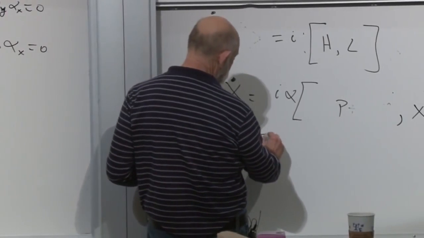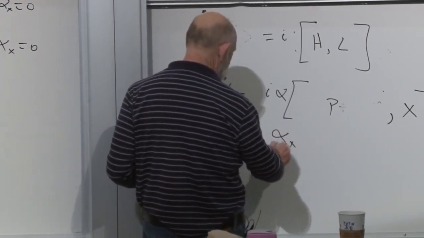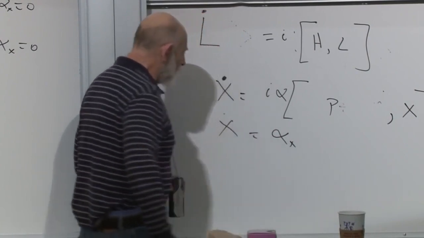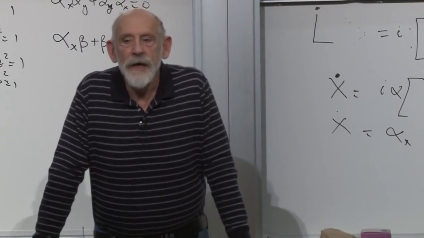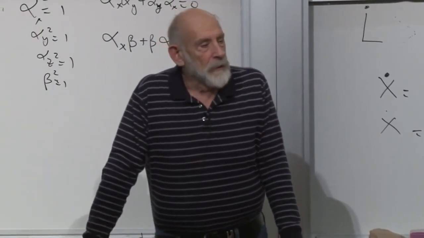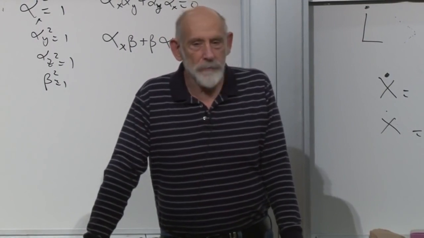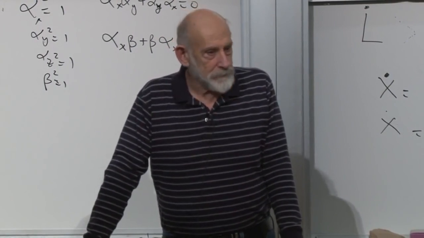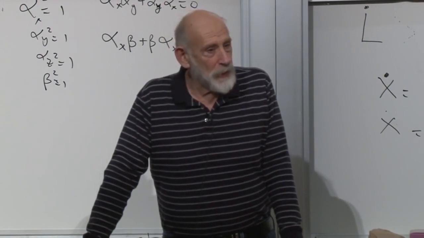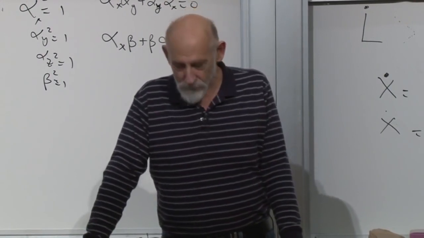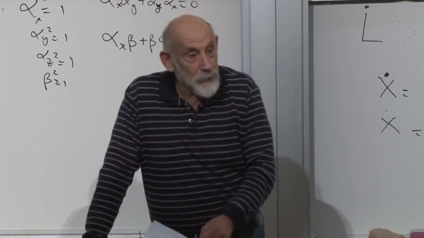Okay, so this is equal to minus I times I is plus 1 is equal to alpha, alpha sub x. So it's a crazy funny theory. The velocity of the particle is not proportional to its momentum. It's given by alpha. So if you want to know what the velocity of the particle is, you measure alpha. Now, it's weird.